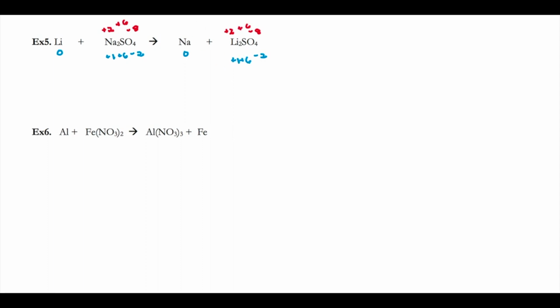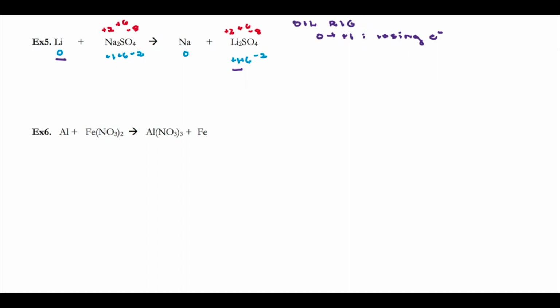Right, so if we look at this, let's look at what oxidation numbers are changing. Lithium goes from 0 to +1. To go from 0 to +1, I am losing electrons. And remember, OIL RIG: oxidation is loss of electrons, reduction is gain of electrons.